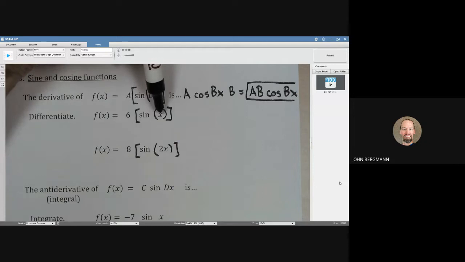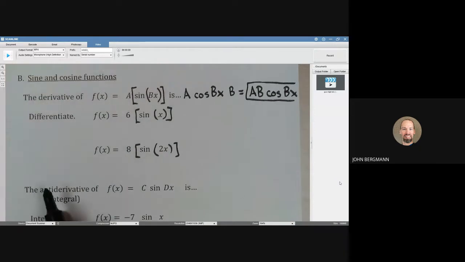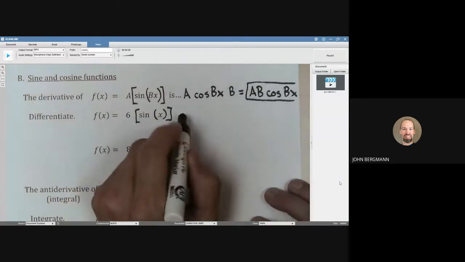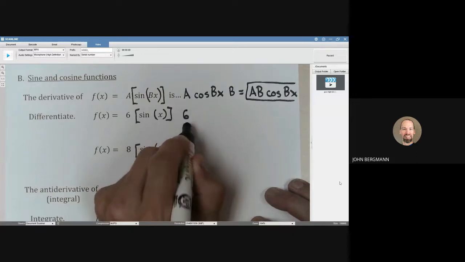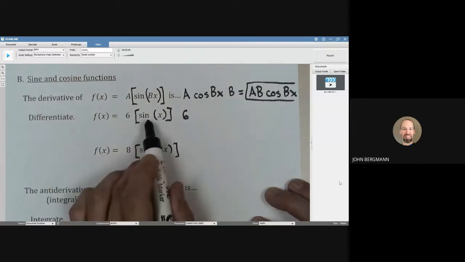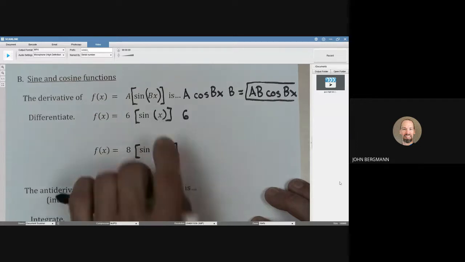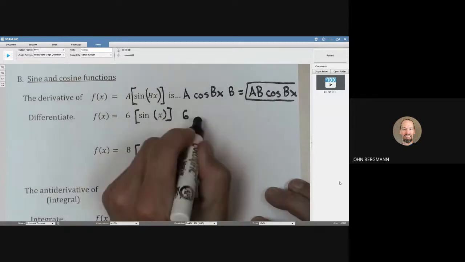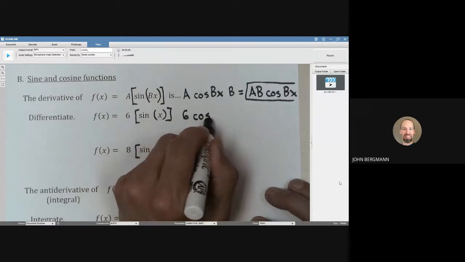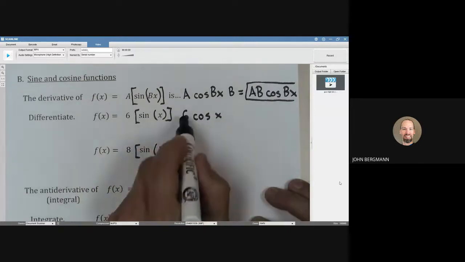X is a function, and the sine of x is also a function. So anytime you have sine of anything, it's a function within a function. The coefficient 6 is not going to change. We differentiate sine, we get cosine of x, and then we differentiate x. The derivative of x is just 1.